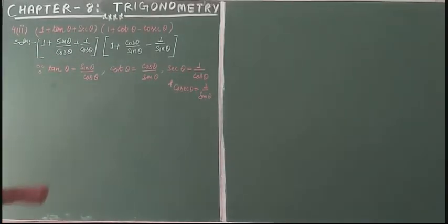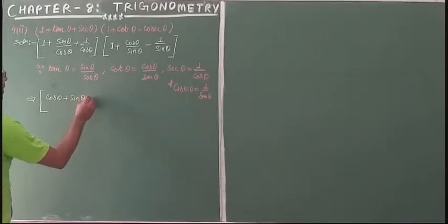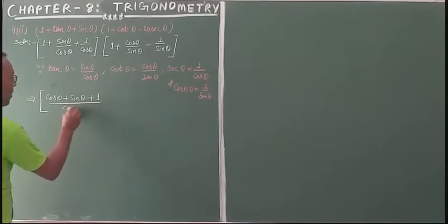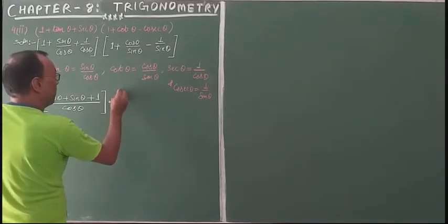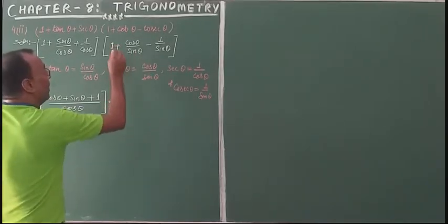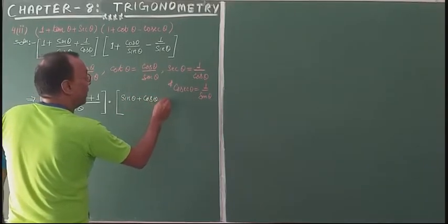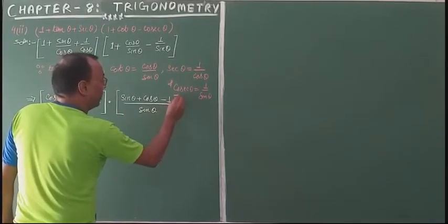Now take the LCM. So what will you get? Just look here. This cos theta will come here: cos theta plus sin theta plus 1 upon cos theta, into sin theta plus cos theta minus 1 upon sin theta.